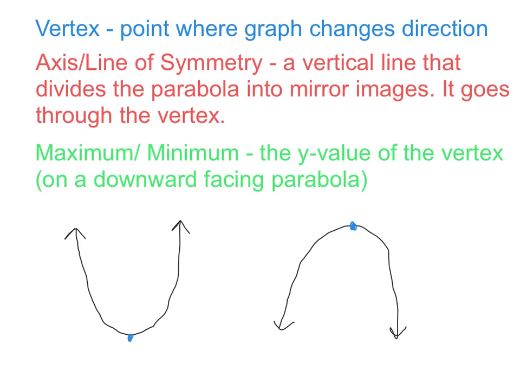The axis or line of symmetry is a vertical line that divides the parabola into mirror images, so it kind of splits it in half. And it's a vertical line that goes through the vertex. So the axis or line of symmetry would be a line that goes straight up and down through the vertex.